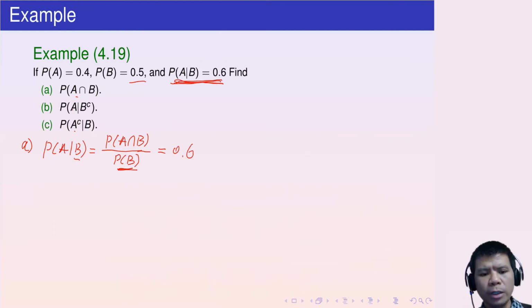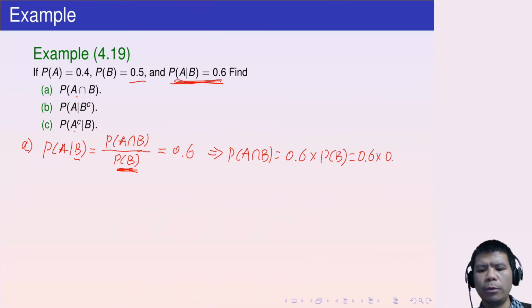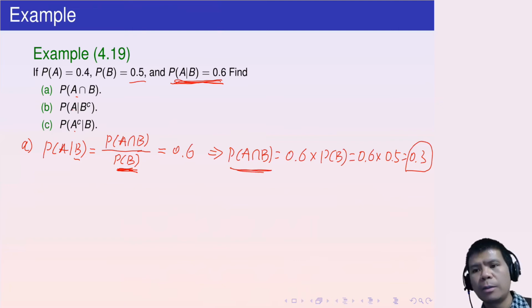Now, if we multiply by the probability of B on both sides, this implies the probability of A intersect B equals 0.6 times the probability of B, which equals 0.6 times 0.5, that is 0.3. So the probability of the intersection is simply 0.3.